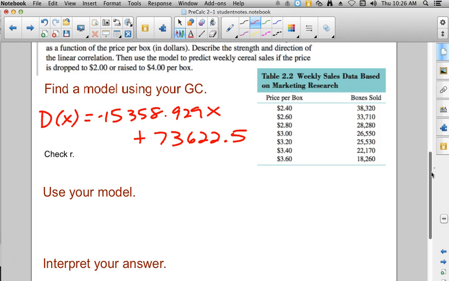Got it. And our R value was about negative 0.981. So now, describe the correlation. Well, it's strong. 0.981 is really close to negative 1, but the negative tells us it's a strong negative correlation.